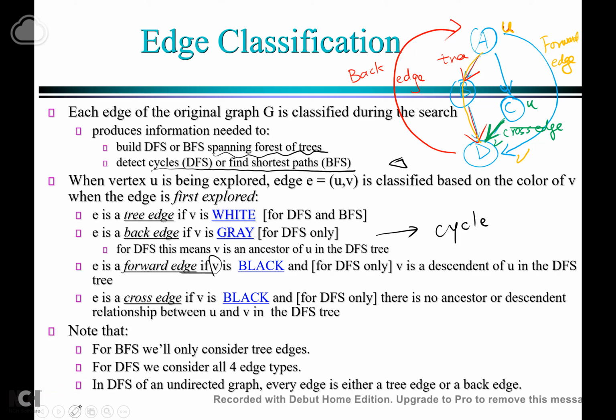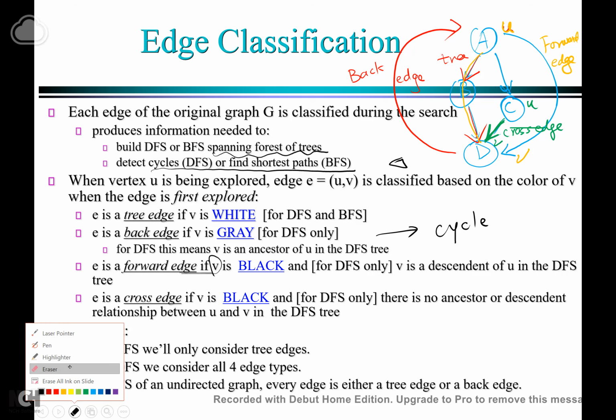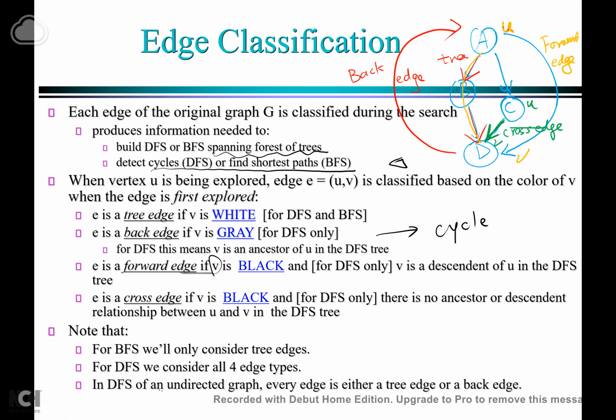but for DFS, we consider all 4 edge types. In DFS of an undirected graph, every edge is either a tree edge or a back edge. So this is for undirected graphs. For undirected graphs, we only consider tree edges or back edges.